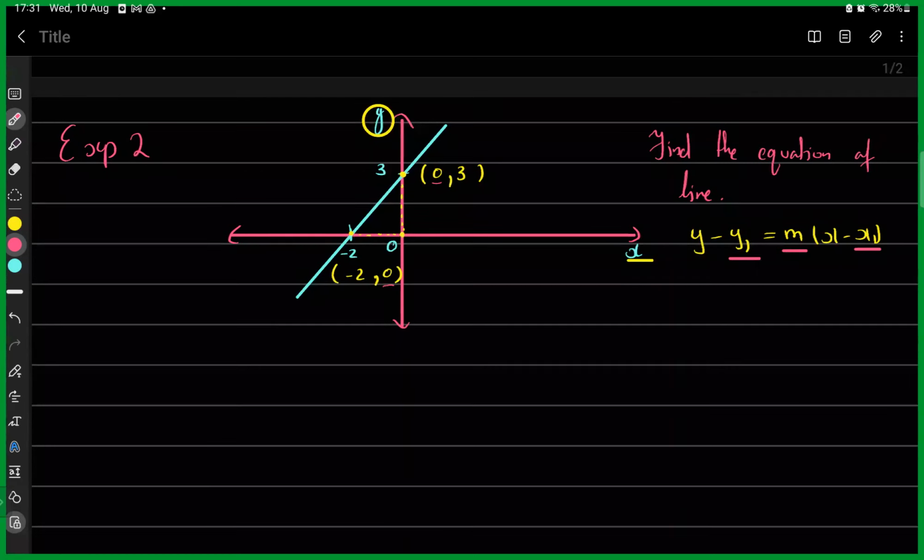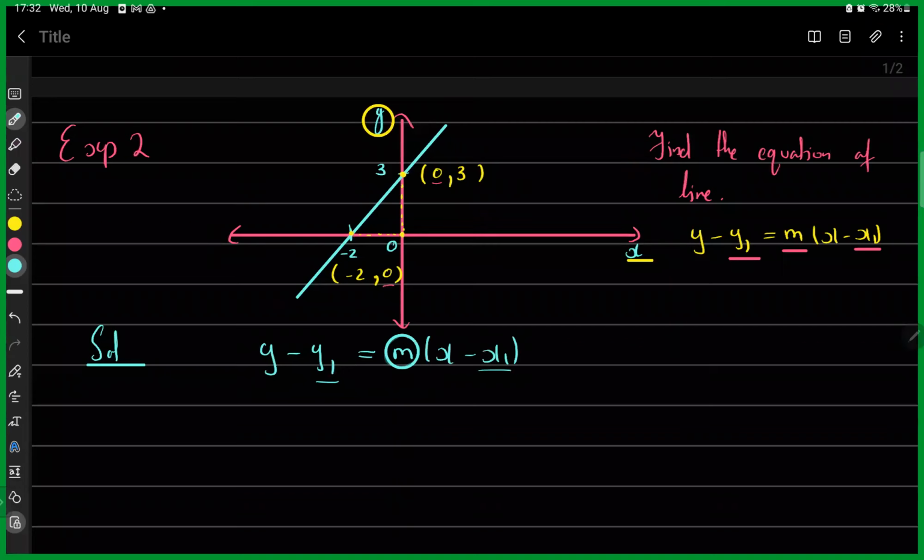Let's quickly spend time finding out m. Solution. According to the formula, it's y minus y1 equals m into x minus x1. x1 and y1 is not an issue. This m is an issue.